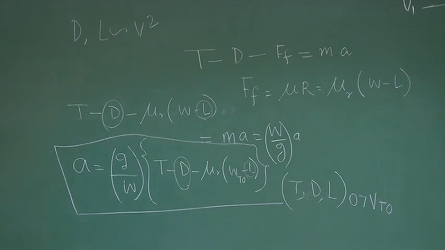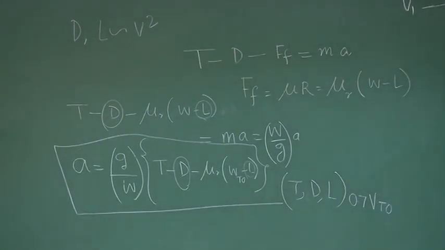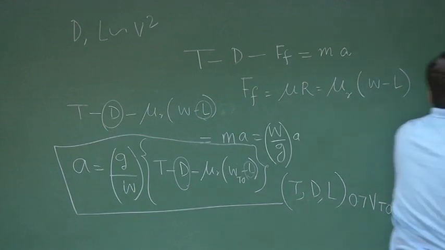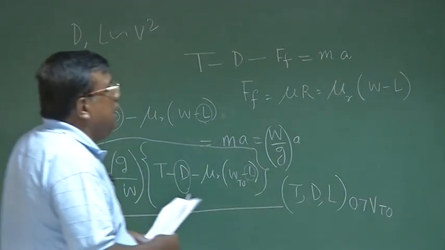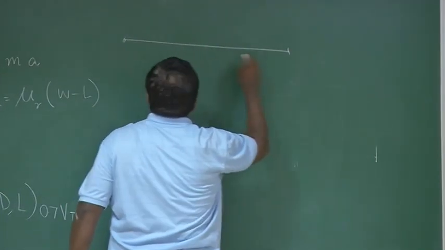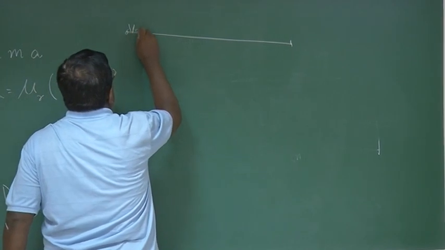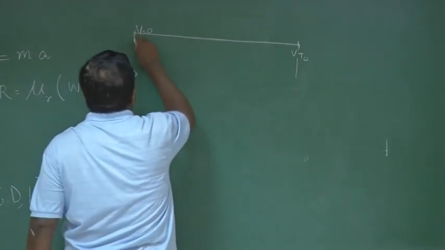Very simple, that though this acceleration is changing, however, if I calculate this lift and drag at 0.7 V takeoff, I can assume this is the average acceleration and good enough to calculate this SG, v equal to 0 to v equal v takeoff.